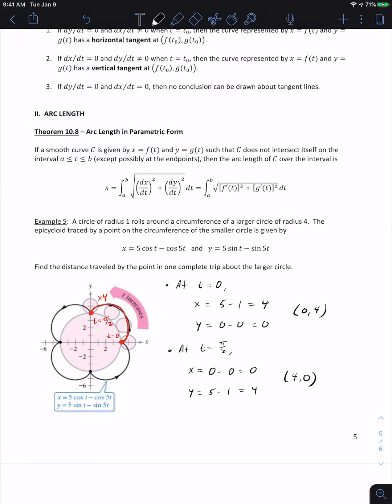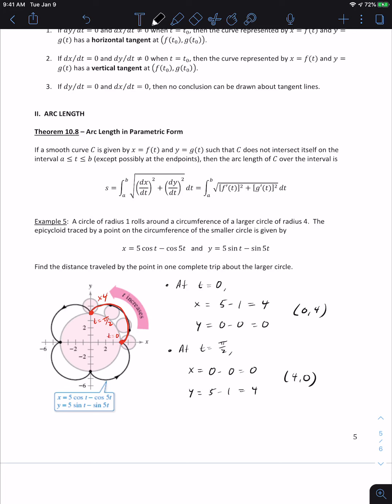In that whole part of the curve from t equals 0 to t equals pi over 2, it's a nice smooth curve, and the graph doesn't cross itself, so I'm able to find the arc length on that interval.